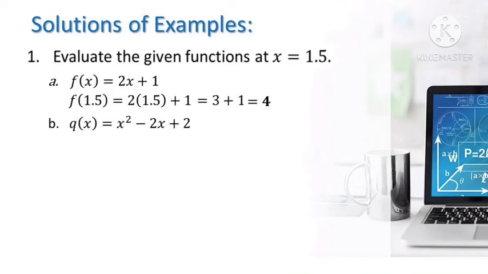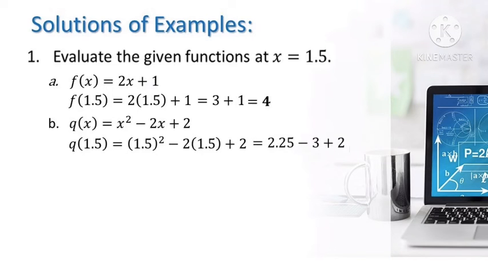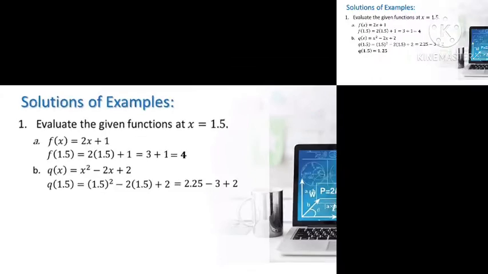Now, for the second function, q of x is equal to x squared minus 2x plus 2. Again, replace x both sides of the equation with x which is equal to 1.5. The function became q of 1.5, which is equal to 1.5 squared minus 2 times 1.5 plus 2. 1.5 squared is equal to 2.25, and negative 2 times 1.5 is equal to negative 3, bring down plus 2.